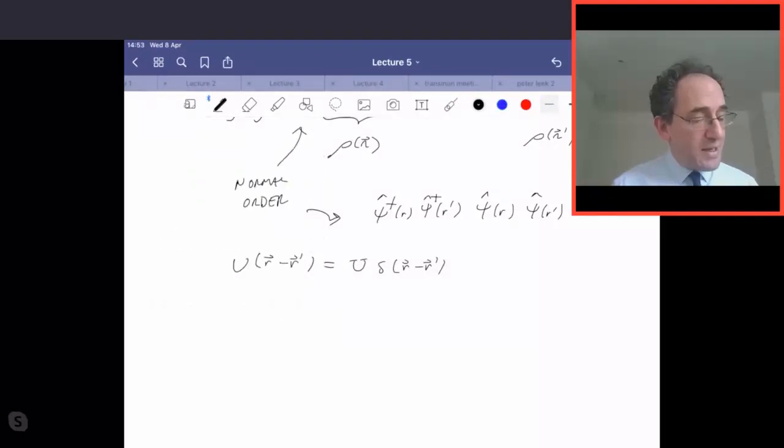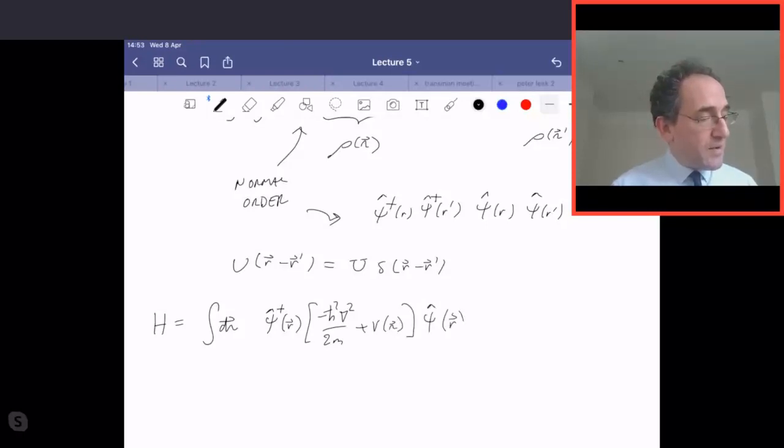So rewriting that Hamiltonian, we have again the single particle terms, psi dagger of r, then minus h bar squared del squared over 2m plus v of r, and then psi hat of r, the single particle part, and then there will be u over 2; the delta function collapses one of the integrals, and I get psi dagger of r, psi dagger of r, psi of r, psi of r.